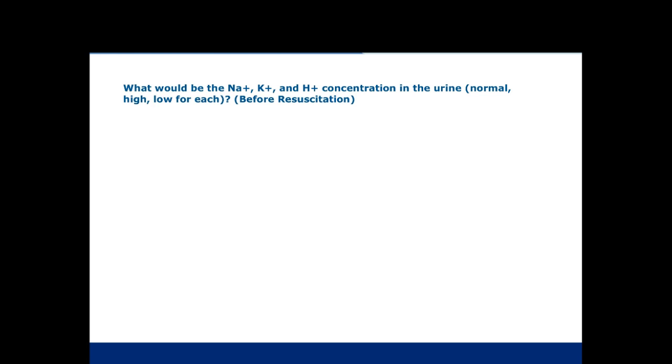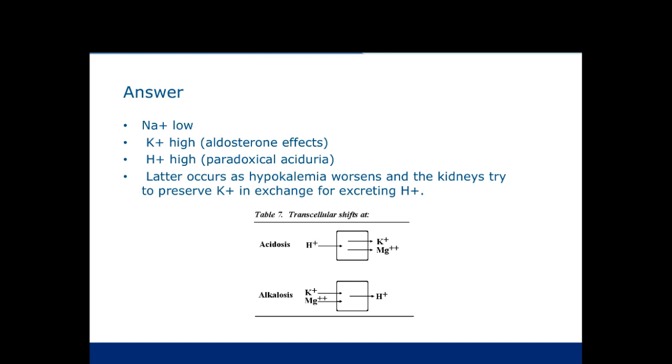Now, when we are hypovolemic, hypotensive, what hormone gets elevated in our body? Yes, it is aldosterone, right? So if you remember from back in the basic science days, aldosterone works in the distal convoluted tubule and has the H-K pump, and it secretes potassium into the urine and acid. So you get paradoxical aciduria.